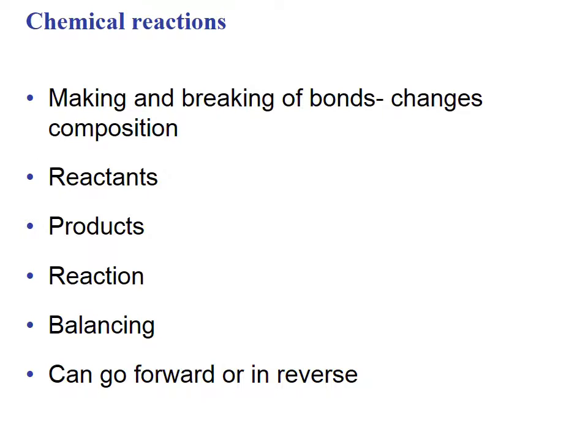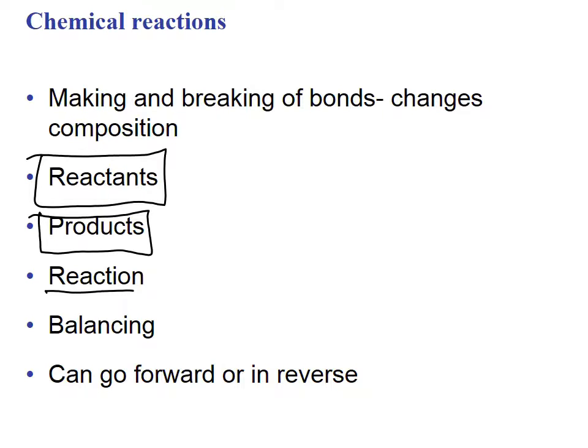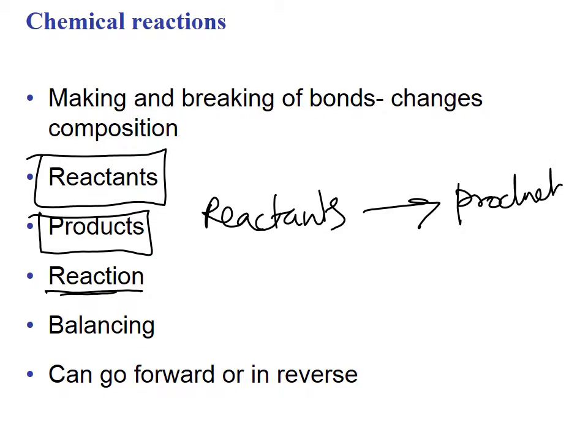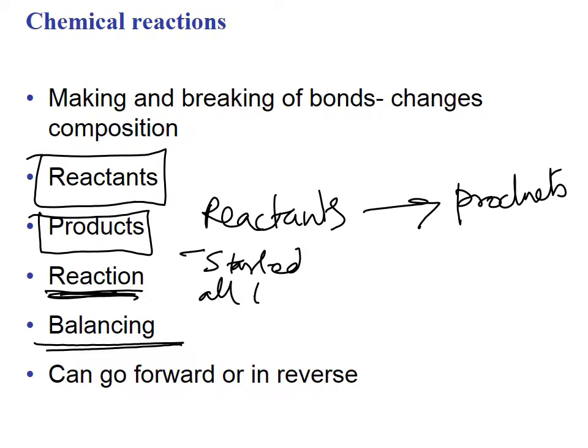Whatever you start with is called a reactant. What you end up with is called a product. The whole process wherein reactants are converted to products is called a reaction. It is very important to balance, to make sure everything you started with is accounted for.